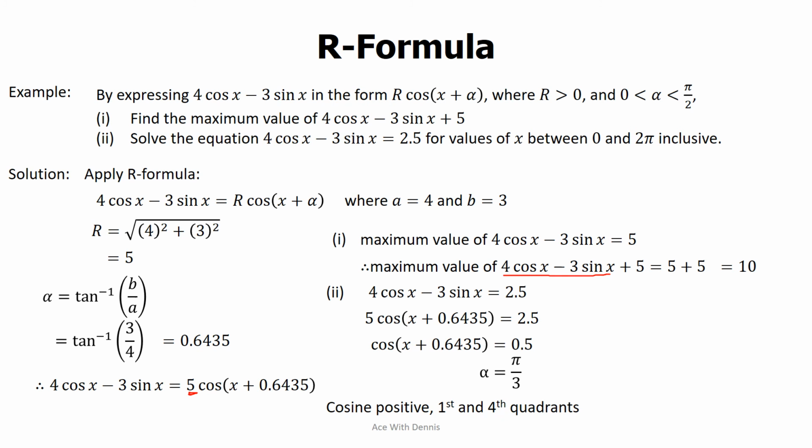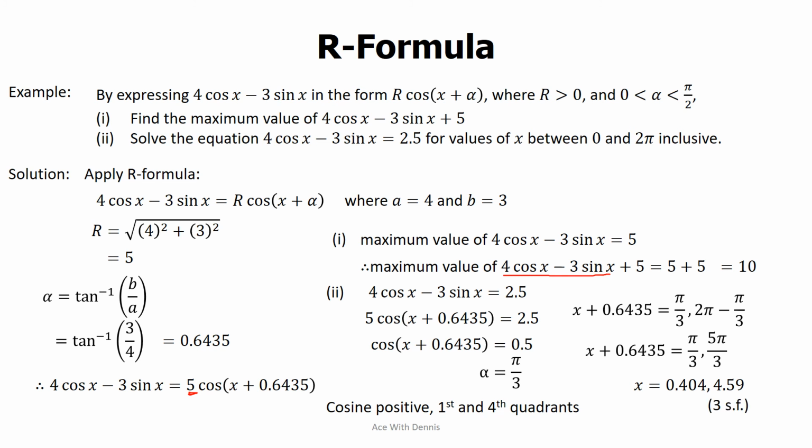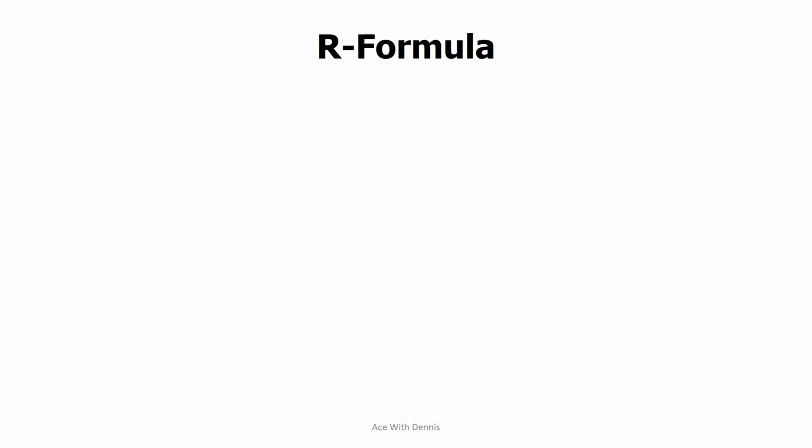Cosine is positive, so it is in the first and the fourth quadrants. Hence, x plus 0.6435 equals pi over 3 and 2 pi minus pi over 3. The x value will be 0.404 and 4.59. Answer in 3 significant figures.